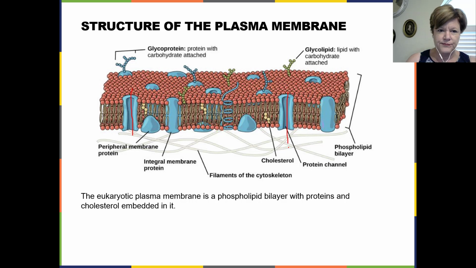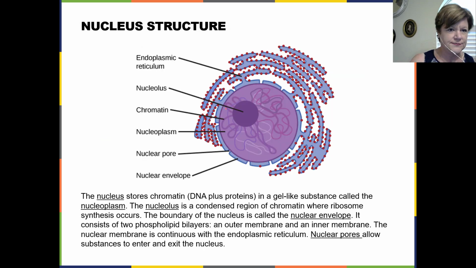These are made of protein, and they create little pores that pass through, like a tunnel that goes through a mountain when you're driving. You can go from the inside of the cell out or from the outside of the cell in through these protein channels. So those structures are there, and then some other things. But like I said, we'll get into the detail of the structure of the plasma membrane in Chapter 5.